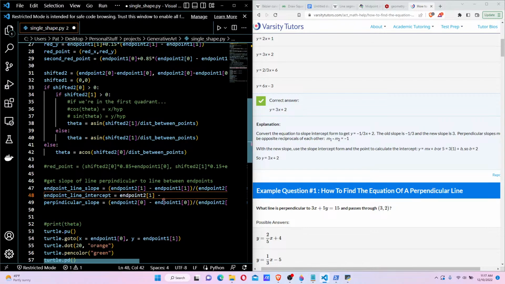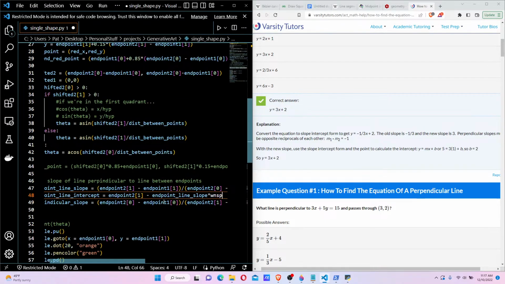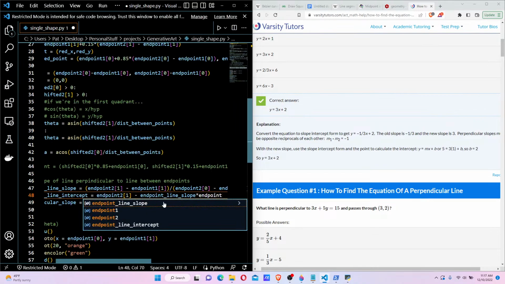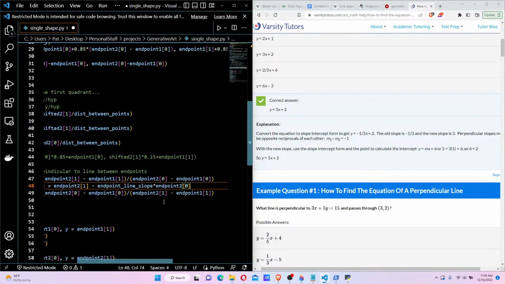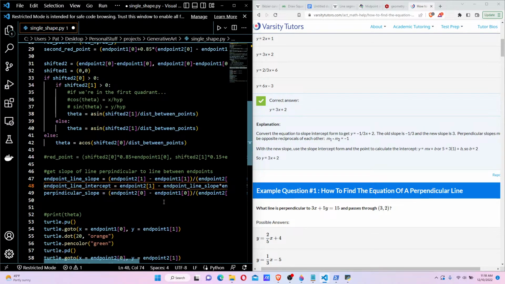So then you do minus endpoint line slope times endpoint 2 of 0, which is just the x value. Oh yeah, that's it. So okay, endpoint line intercept, perpendicular slope.